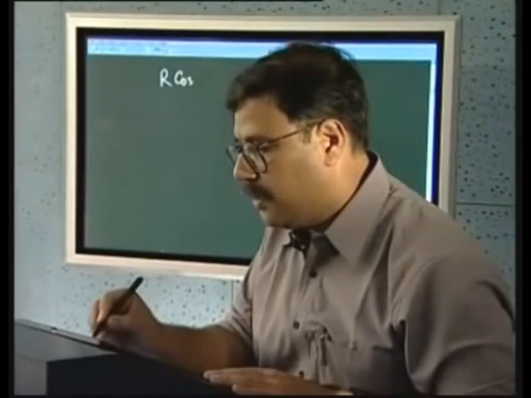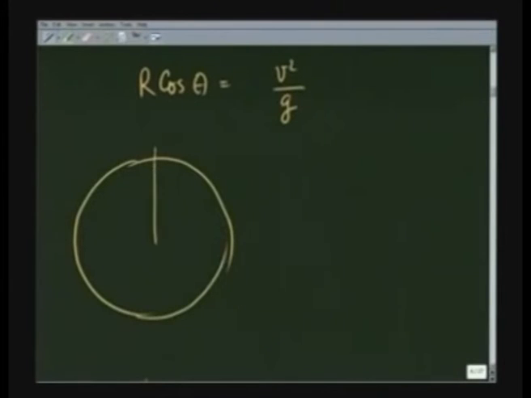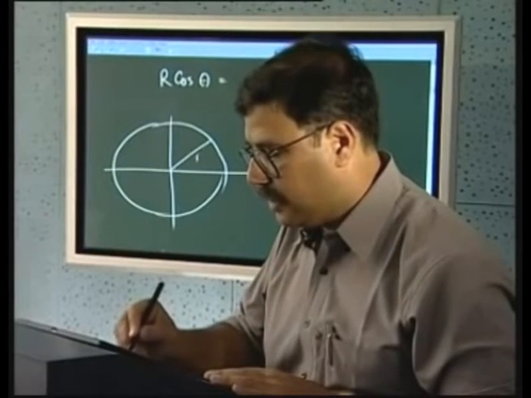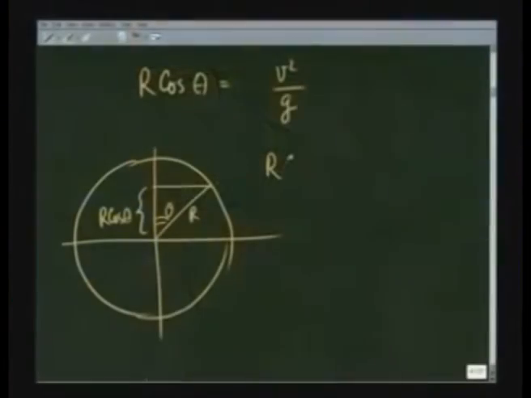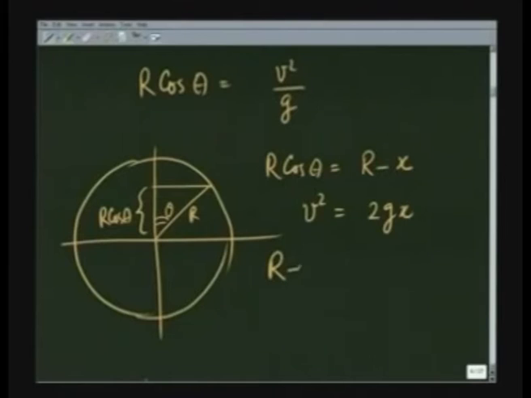So, we have r cosine theta equals v square over g, and if I look at this problem again, I have this r, this is theta, so that this is r cosine theta, and you see that r cosine theta is equal to r minus x, and we have already calculated that v square is equal to 2 g x, and therefore I have r minus x equals 2x, or x equals r over 3.